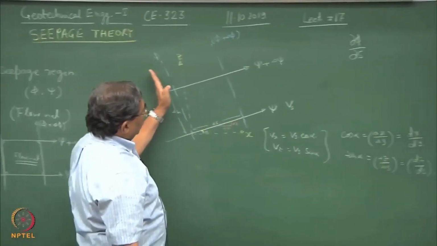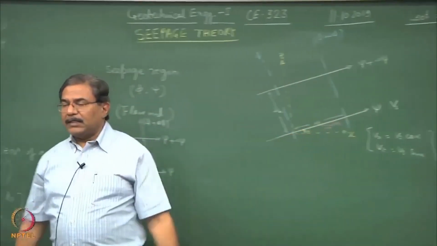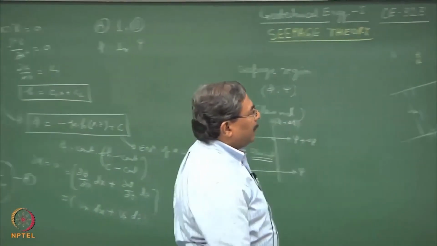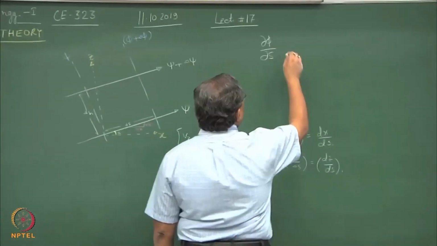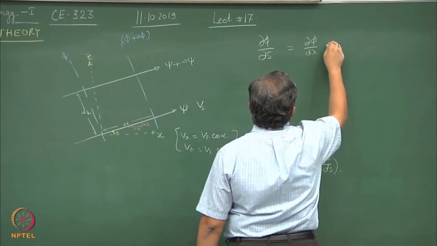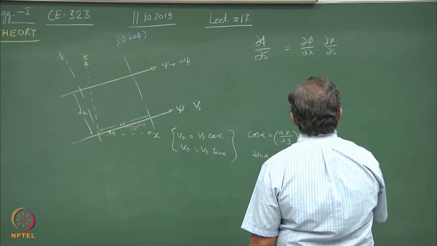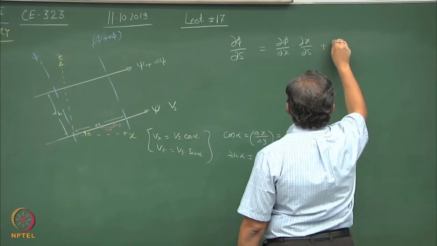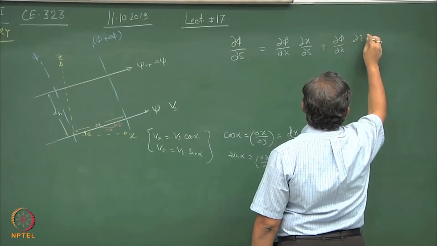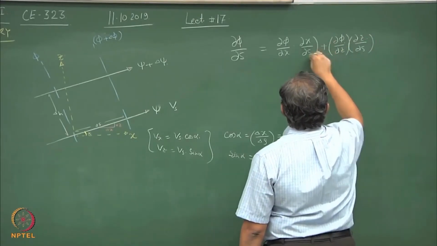So, how phi is changing along the direction of the flow is what is being depicted as del phi by del s. So, this will be equal to del phi by del x into del x upon del s plus del phi by del z into del z upon del s.